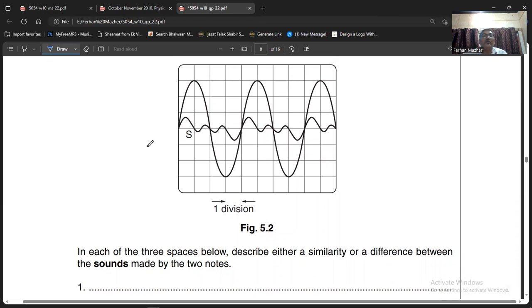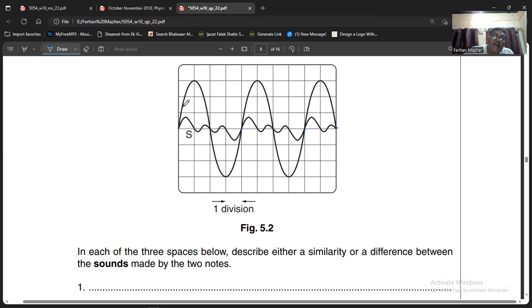Okay. So you can see this trace S, till here it completes one wave, and till here it completes one wave. So their time period, here the first wave is completed, here the second wave is completed. So the time period for both the waves is the same. If the time period for both waves is the same, that means their frequency will also be the same.